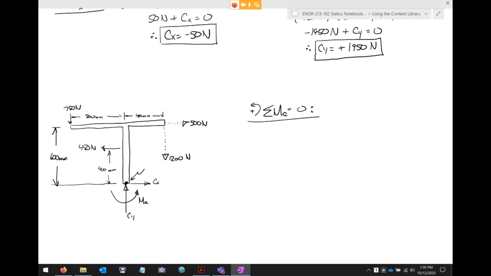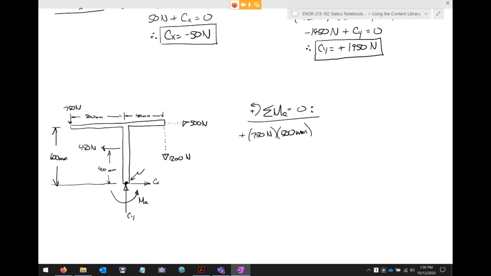Remember, moment arm is always the shortest distance. So 500, there we go. Exactly right.